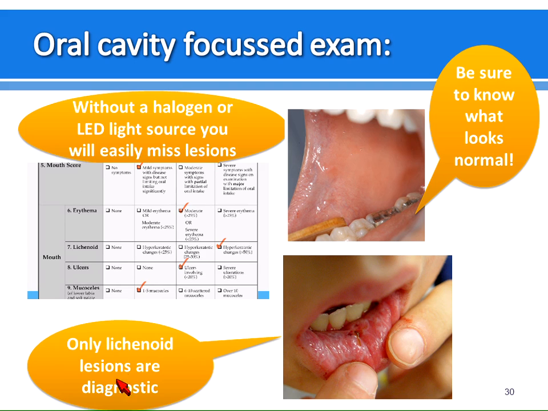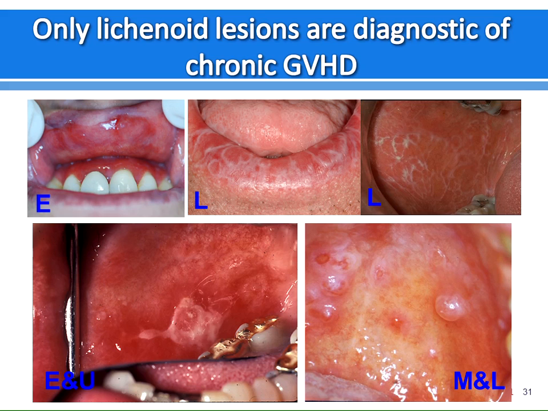Only the lichenoid lesions are diagnostic, and in this slide that you can see on the lower lip, this is courtesy of Andy Gilman, you can see very nice lichenoid lesions here, but they can look like that anywhere. This is a normal buccal mucosa, so you want to make sure you know what normal looks like. Not erythematous, and it just looks nice and pink.